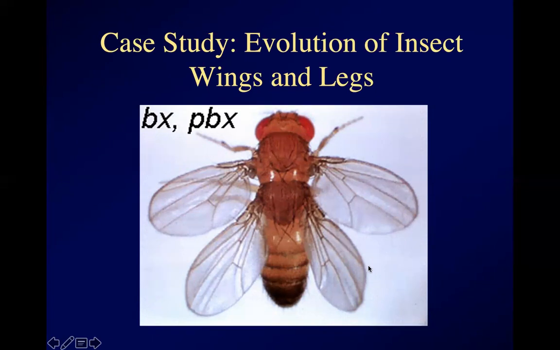Oddly enough, even though it has 4 wings, the wing function is disrupted by the fact that there's extras. So flies with this mutation can't actually fly, which means that we should not call this a fruit fly. We should call it a fruit walk, right? A fly that can't fly is not a fly, it's a walk.